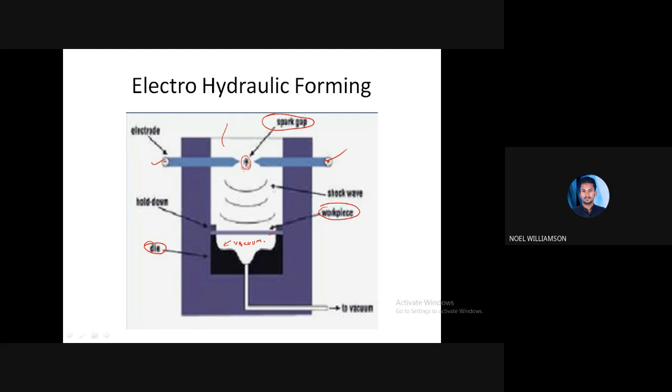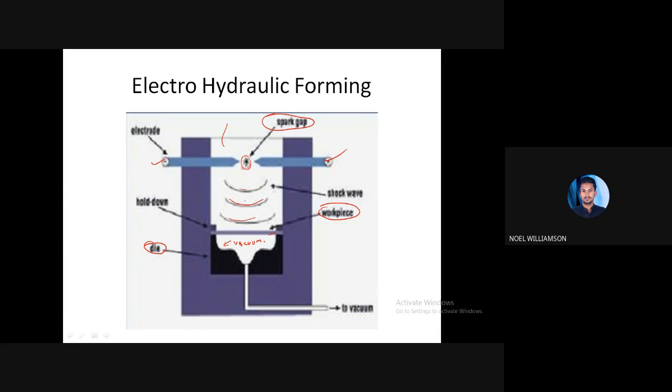While vaporizing the surrounding fluid, that creates a high intensity shock wave. You can see here the high intensity shock waves, and this will reach the workpiece and collapse it to the die. So this is the basic mechanism.